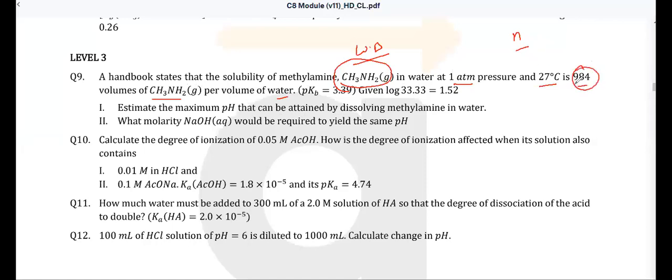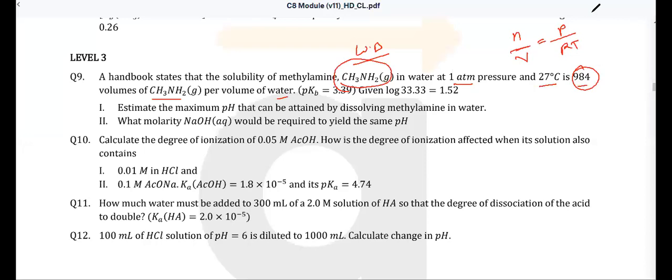We know that for a gas, the number of moles and volume ratio are the same. So N by V is equal to P by RT, the ideal gas equation.